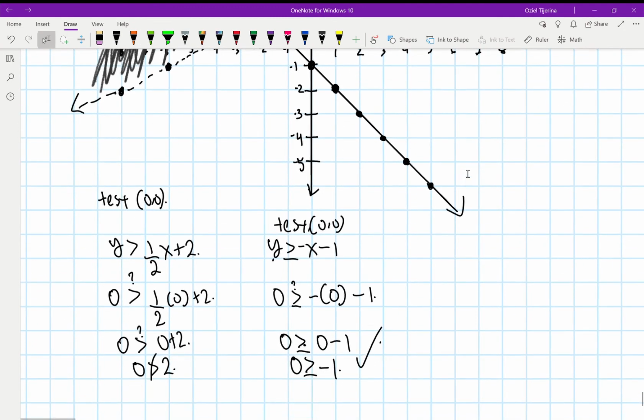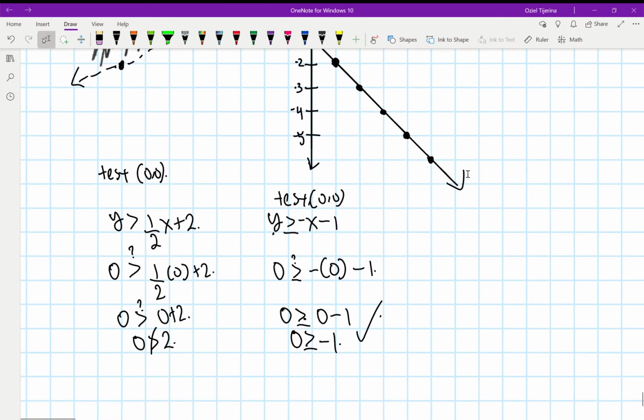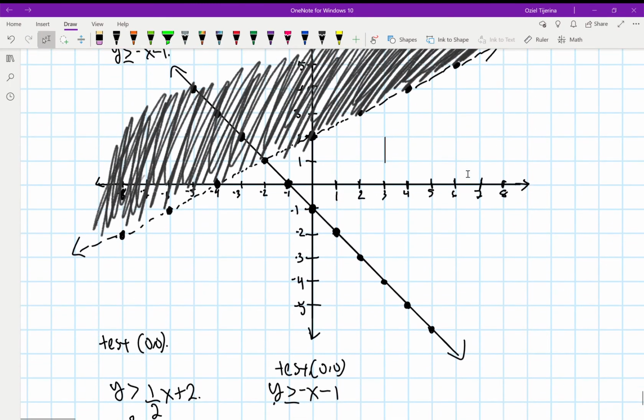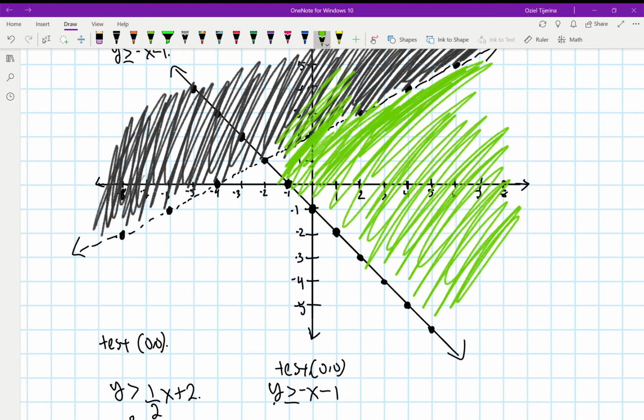Yeah, we shade above this line right here, and then we're going to do another color. Let's just do green, for example. If we do above this entire part, because it is a solution, all of these are a solution, we have all of this for green.